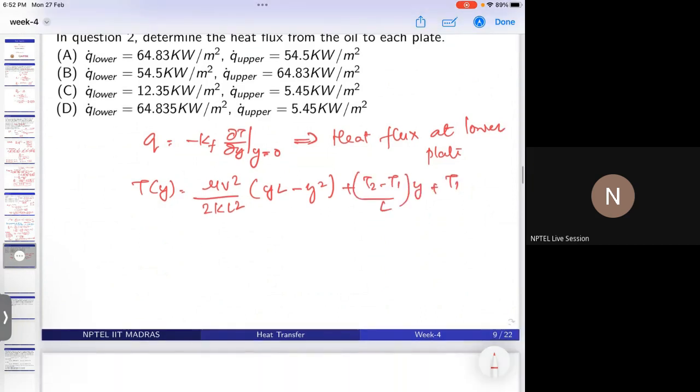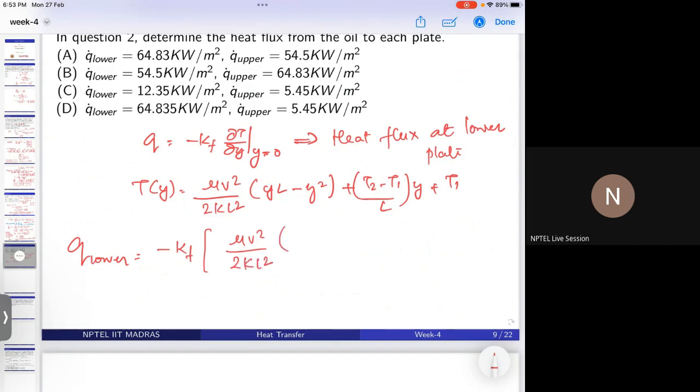Okay, so q at the lower plate equals minus k_f for the fluid times the derivative at y equal to 0, of mu v square divided by 2 k l square.